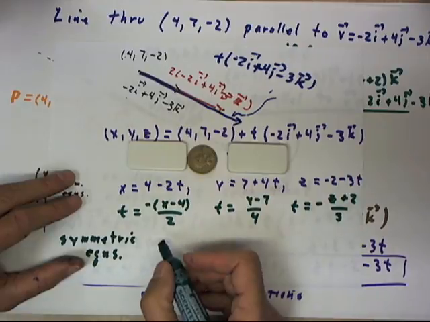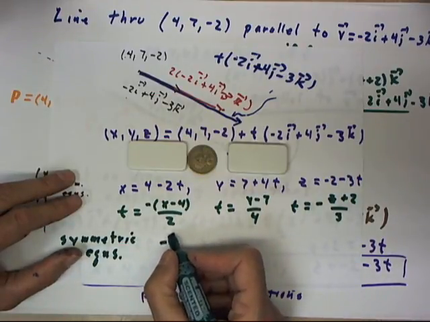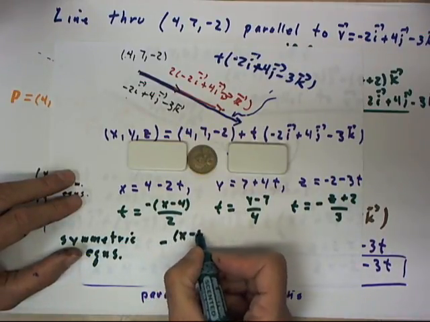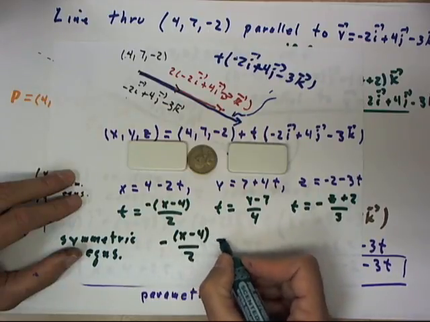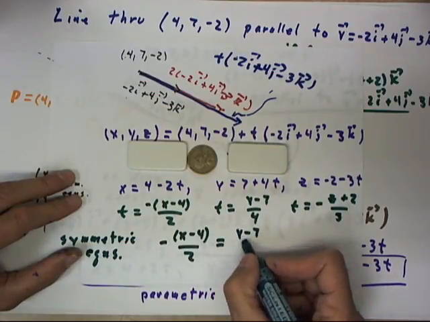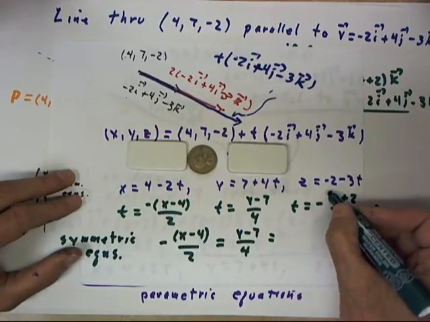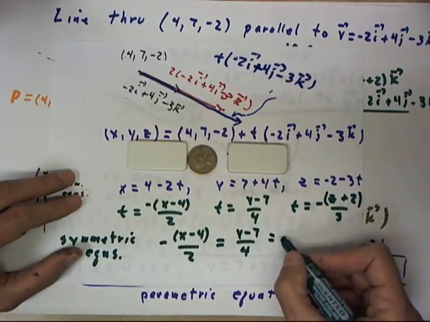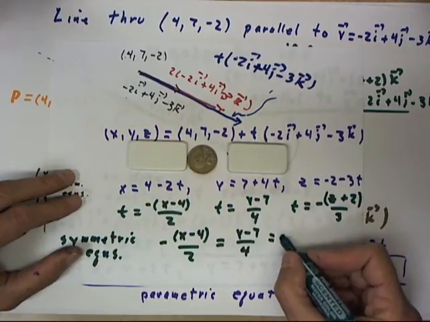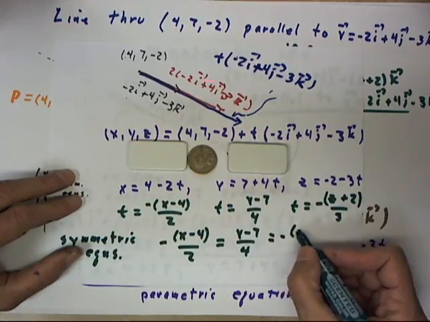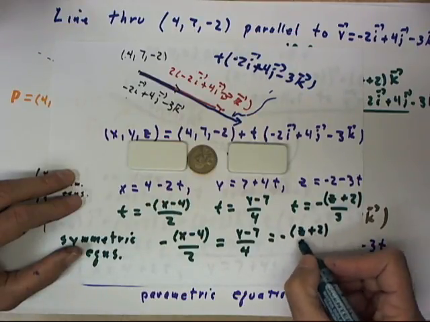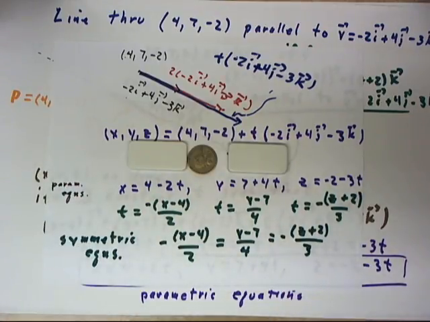And the symmetric equations read -(x - 4)/2 = (y - 7)/4 = -(z + 2)/3. Better put some parentheses there to make sure it's clear.